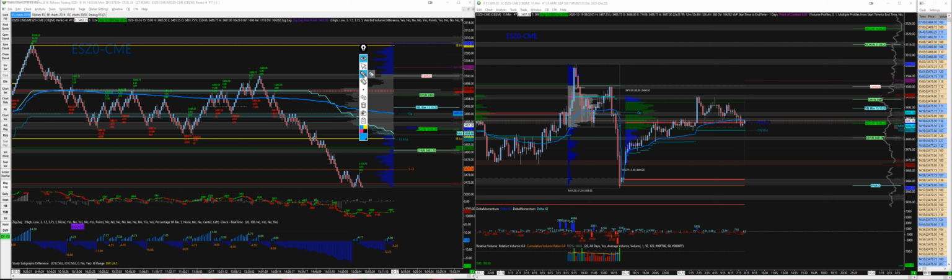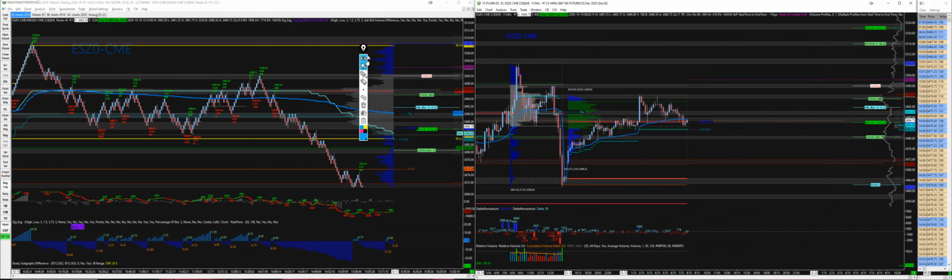Right, okay. So today, scenario 1. Scenario 1 for today is we open right on the edge of value area of Friday on top of the overnight VPOC, right here.